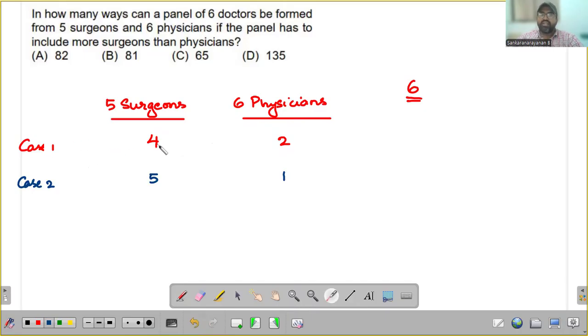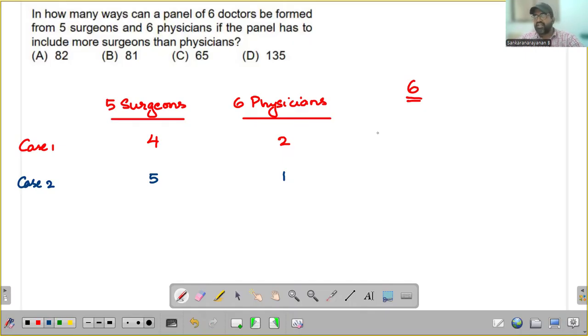But we can consider 4 surgeons and 2 physicians. 4 plus 2, a panel of 6 doctors. 5 plus 1, 6. Again a panel of 6 doctors. Now, there are 2 cases here. It could be either 4 surgeons and 2 physicians, or 5 surgeons and 1 physician. 2 possibilities.